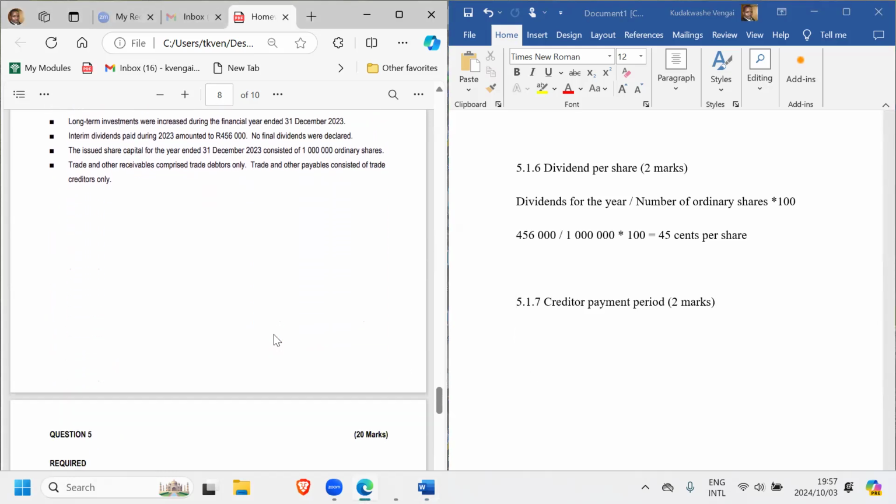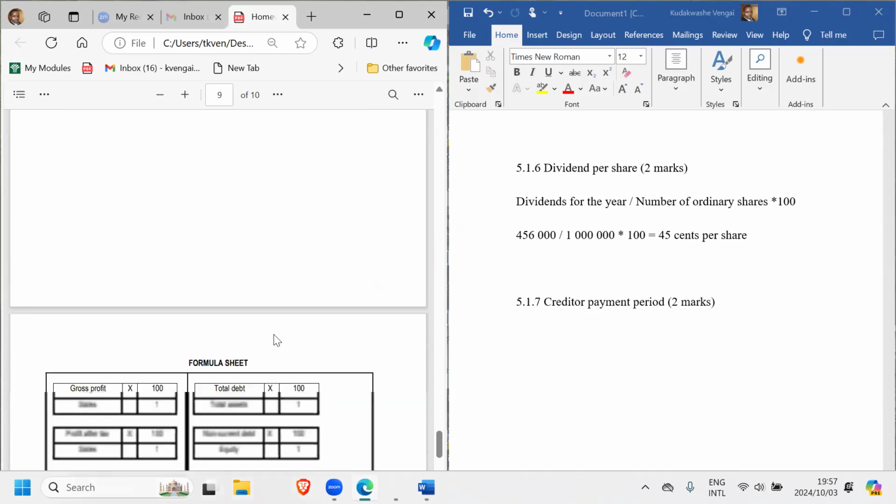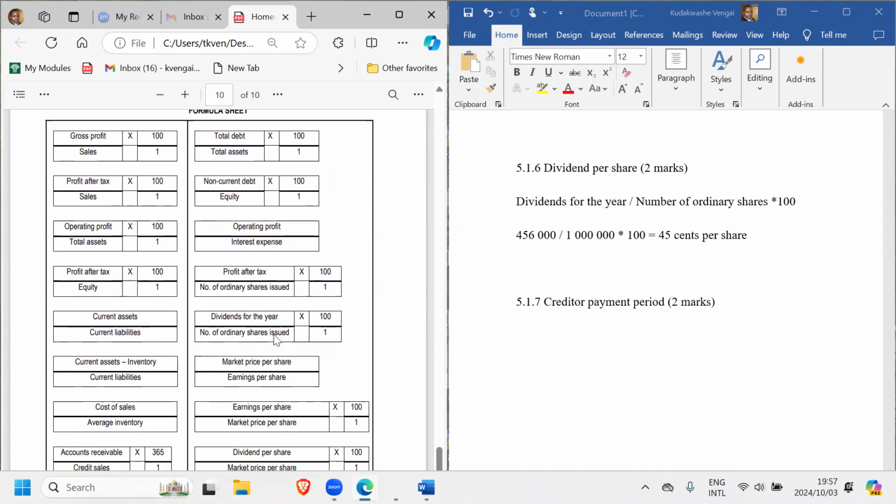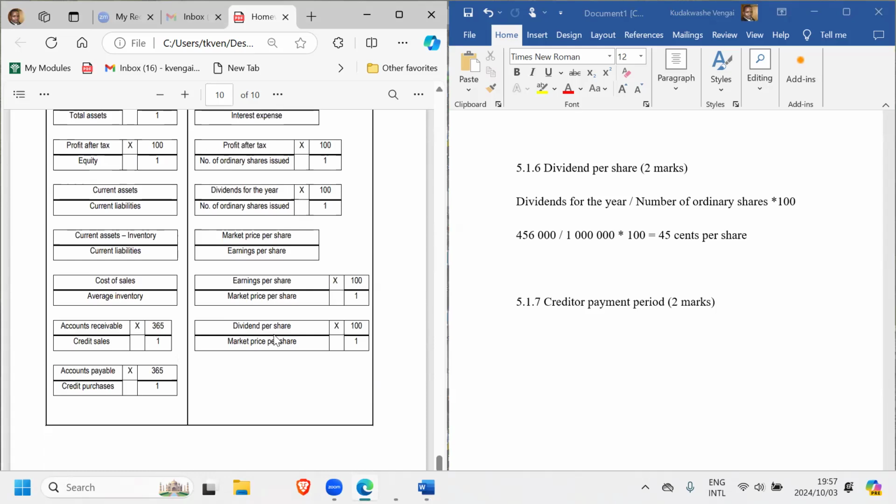Now, for the guys that are doing advanced diploma, this is why I want you to make use of the formula sheet, because it will help you. For the guys that are doing first years, your lecturer might use the ratio which says multiply by 365. But for the guys doing advanced diploma in business management, your lecturer will put a ratio that says multiply by 360.